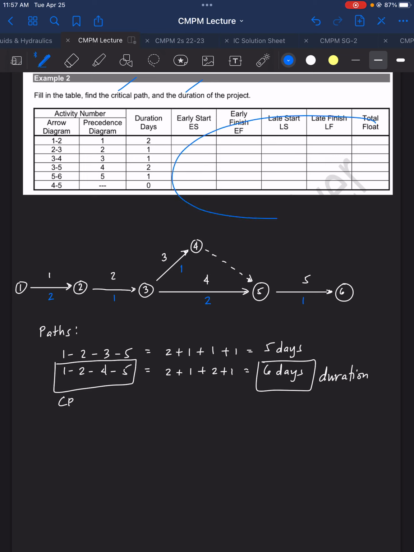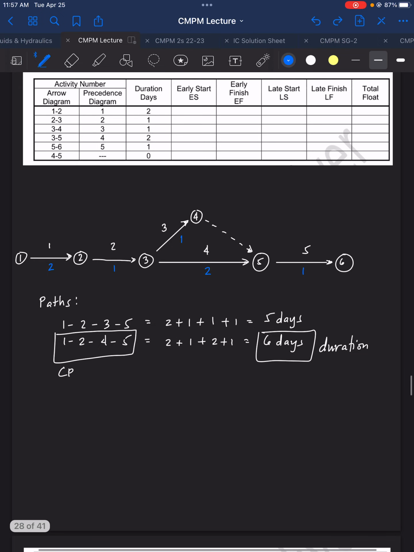Now we need to fill in the table. How do we fill in the table? I need to memorize this orientation.